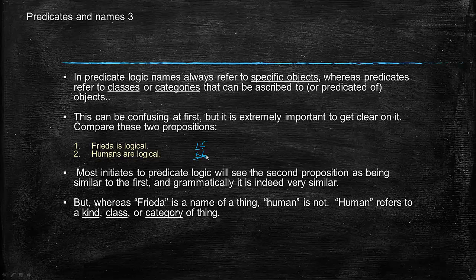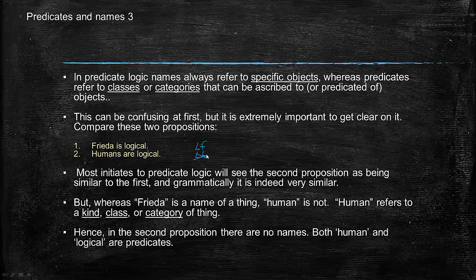That's not right because both humans and logical are predicates. So in the second proposition, there are no names. Both human and logical are predicates. So you might say, well, okay, how do we translate that? And the answer is there is going to be a way to translate that, but we don't actually know how to do it yet. And we won't learn until the next lecture.